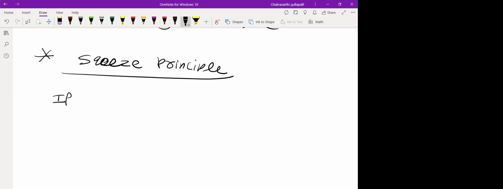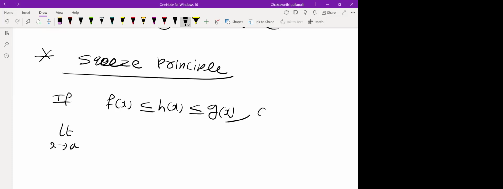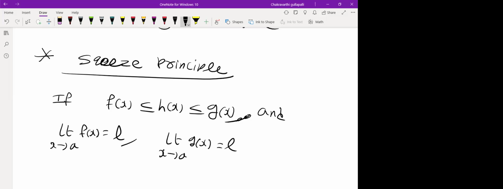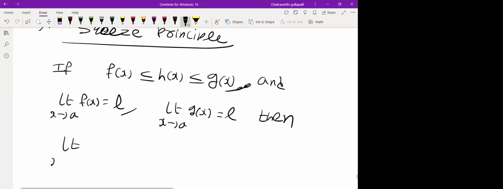If f(x) is less than or equal to h(x) less than or equal to g(x) are real valued functions, and limit x approaching a of f(x) is equal to some L, and limit x approaching a of g(x) is also equal to L, then limit x approaching a of h(x) in between is also L. This is what is called squeeze.